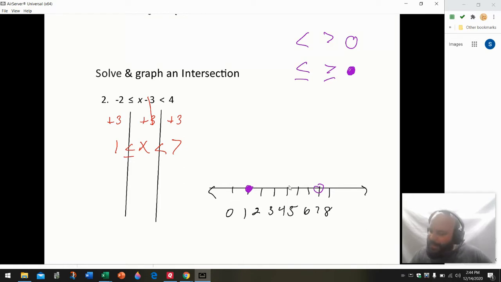Now, the last thing to see is this x is sandwiched in between those two numbers. So to graph this, I'm going to sandwich and shade in between the two numbers where my x is. And so what that's showing is for this inequality, you could pick any number from 1 up to but not including 7, and it will make it true.